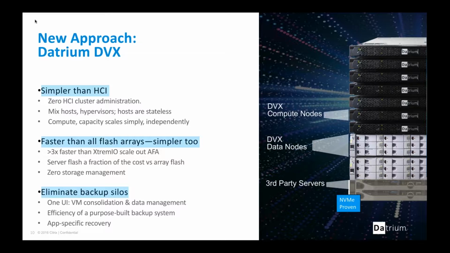We enable you also to bring your existing environment into the solution. You can bring your own servers if you have HP or Dell servers, anything that is supported in the VMware HCL or Red Hat HCL, and the servers will remain stateless.